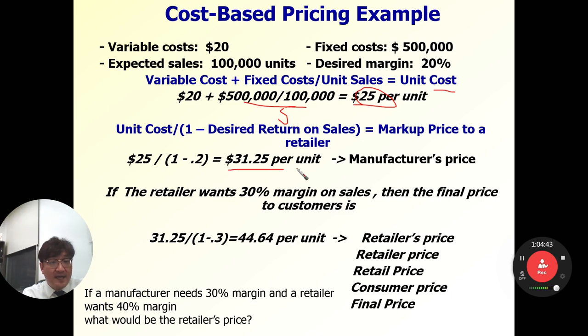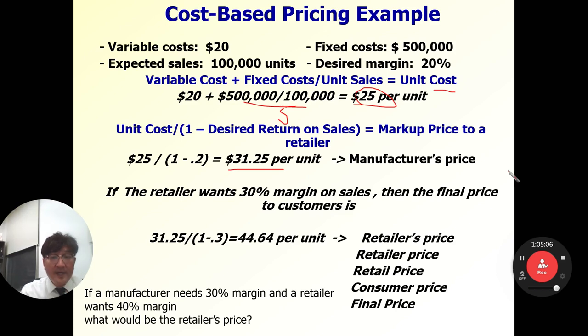That is what we call the manufacturer's price. Manufacturer's price is the price the manufacturer charges to the retailers. In other words, the retailer needs to pay this amount to buy the product from the manufacturer.